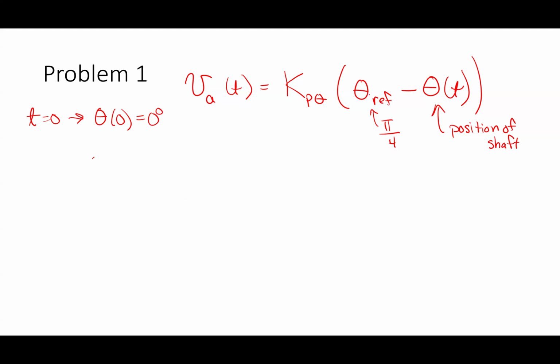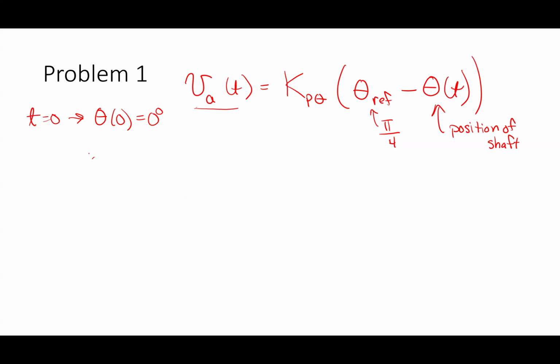If you've played with robotics, you would have some kind of a sensor, maybe something like a Hall encoder, that measures the position of the shaft. Based on the position of that shaft, you feed that into the microcontroller and it changes the voltage that I apply to the motor over time.